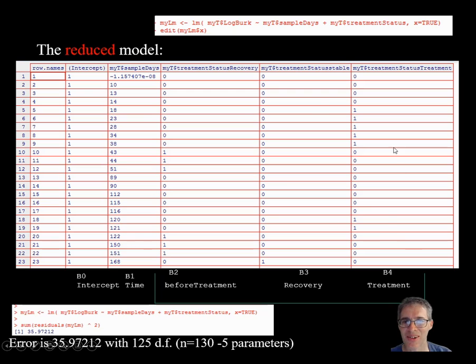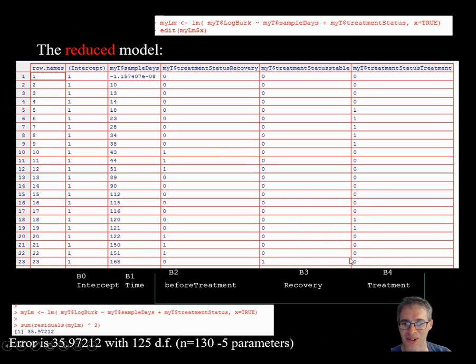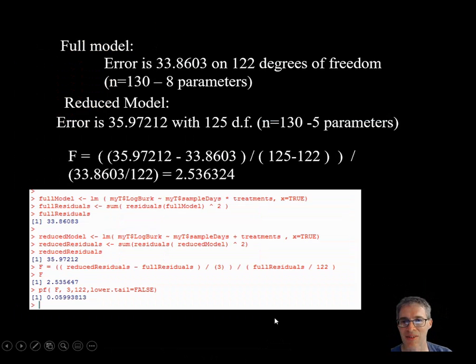The reduced model has only these 5 parameters because parameters 6, 7, and 8 are no longer there. Again, I can make the reduced model in R, do the same thing, and calculate the residual sum of squares. And I know there's 125 degrees of freedom in this reduced model because there's 130 data points and 5 parameters.